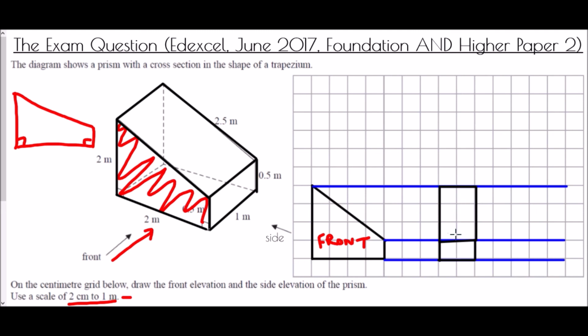That's all we would see. And the guideline has shown me where that rectangle should end. And so the side view would be 2 rectangles on top of each other. And it is important that we have this line, because that denotes the change in depth. And so this view would be the side.